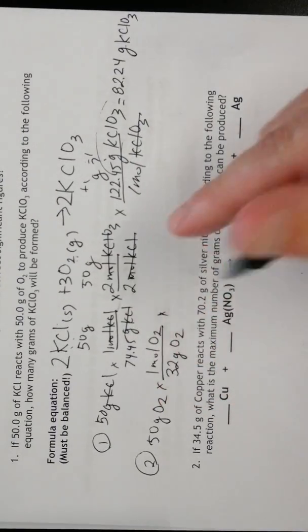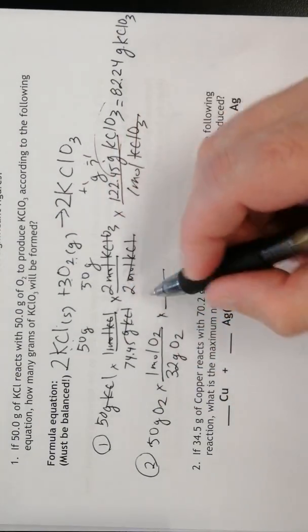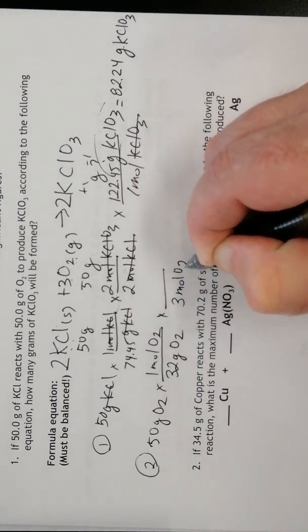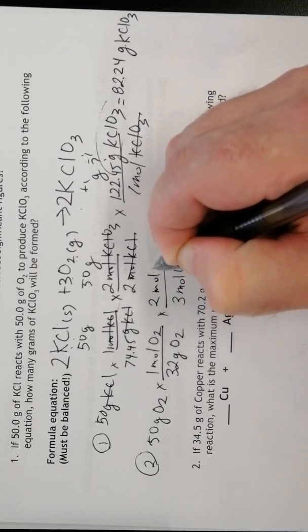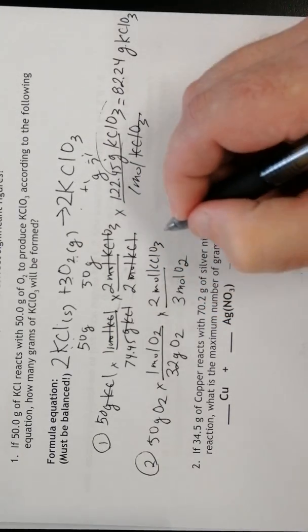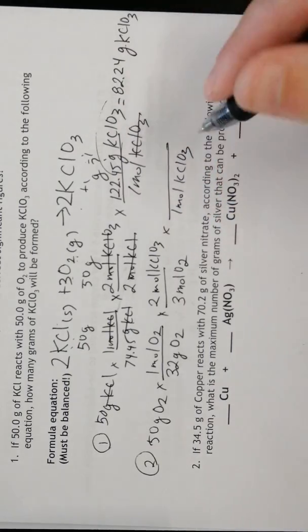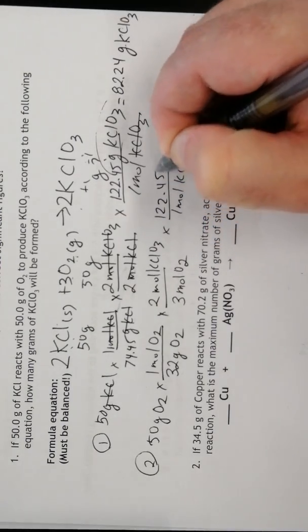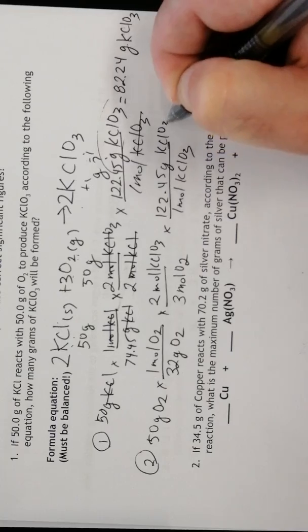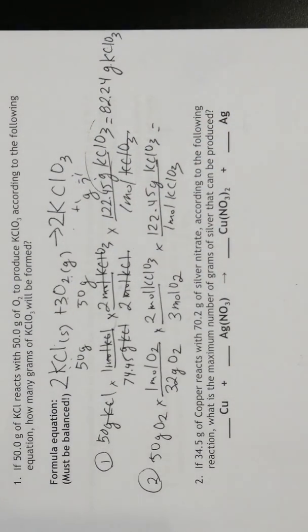Now compare moles of O2, 3 moles O2 to 2 moles KClO3, times 1 mole KClO3 times 122.45 grams KClO3, and that equals 50 divided by 32 multiplied by 2 divided by 3 times 122.45.